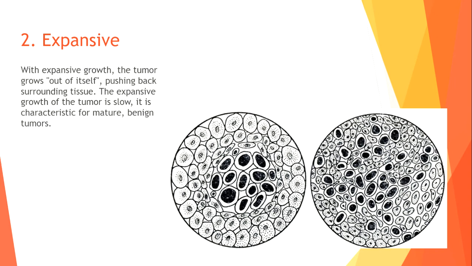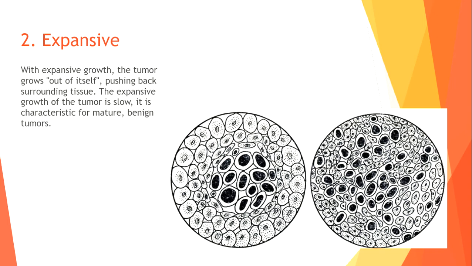They look like normal tissue. As a lipoma, as I said earlier, because it consists of adipose tissue. It looks like normal cells from adipose tissue, but they are clumped together in one place.